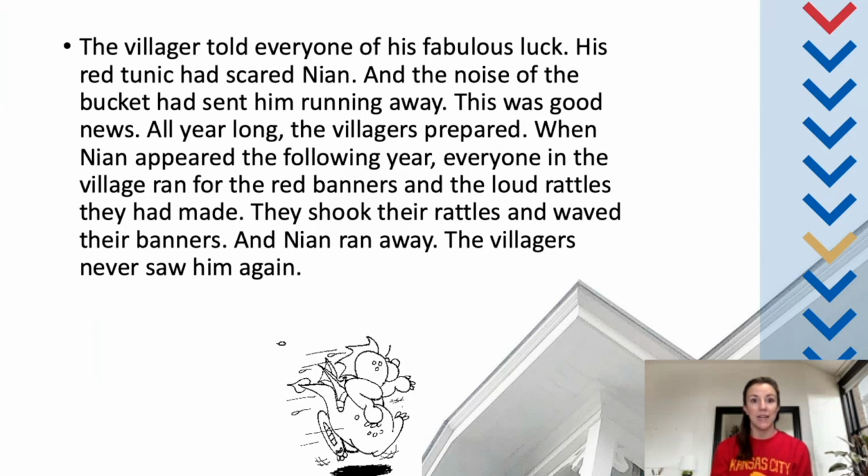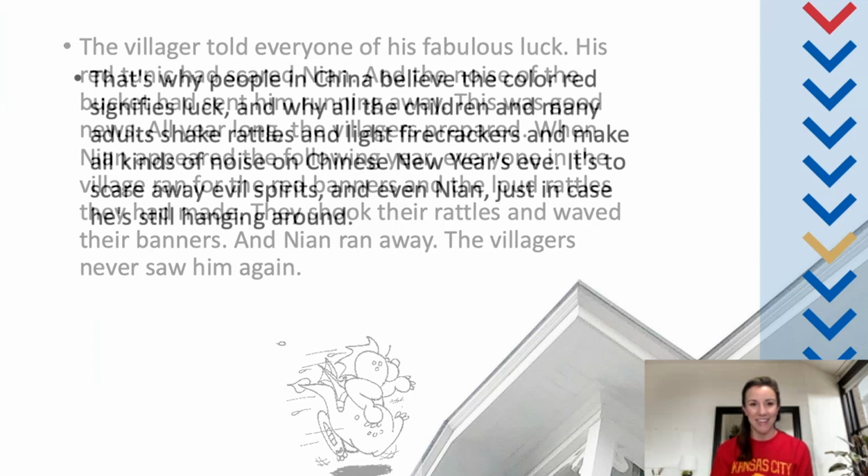The noise of the bucket had sent him running away. This was good news. All year long, the villagers prepared. When Nian appeared the following year, everyone in the village ran for the red banners and the loud rattles they had made. They shook their rattles and waved their banners, and Nian ran away. The villagers never saw him again.